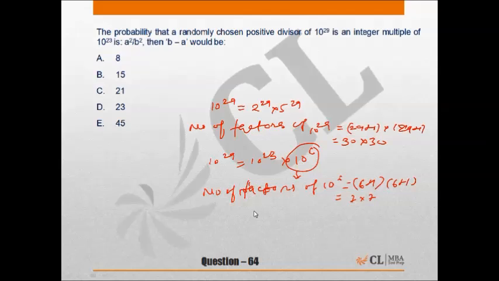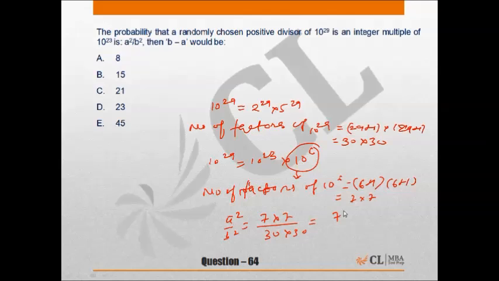As it is given that the probability that a chosen positive divisor of 10 raised to power 29 is an integer multiple of 10 raised to power 23 is a square upon b square, which means a square upon b square is nothing but 7 into 7 upon 30 into 30.